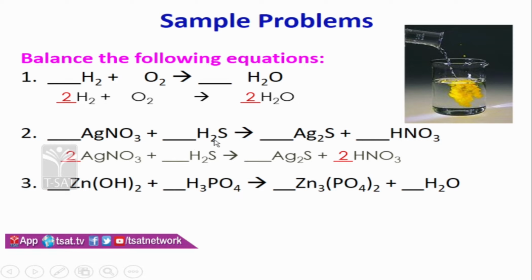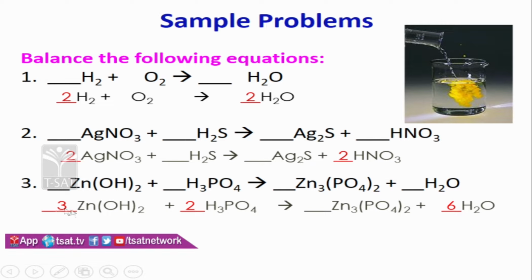Nothing is given in front of a molecule, it should be treated as 1. So, 1Ag2S, you need not pronounce the 1, simply Ag2S. 2AgNO3 plus H2S gives Ag2S plus 2HNO3, like that.